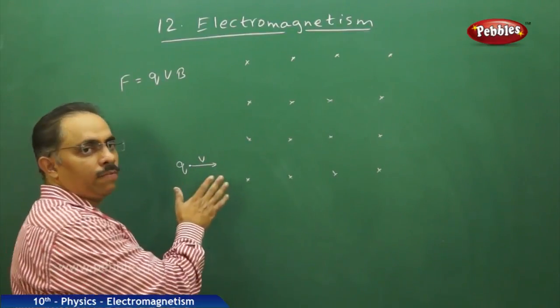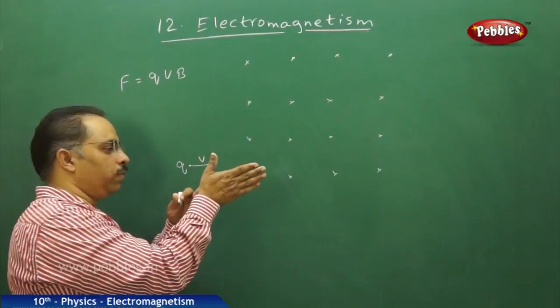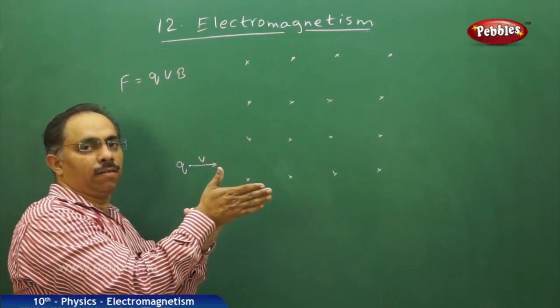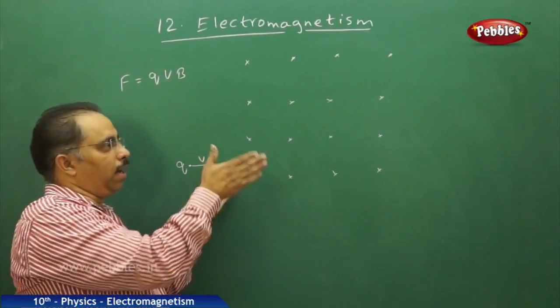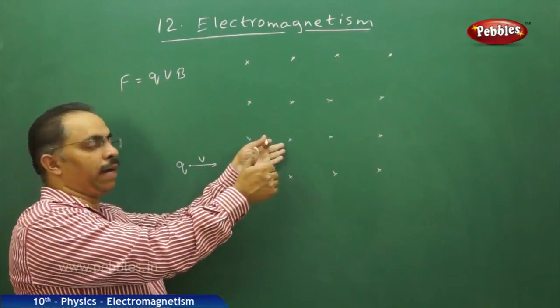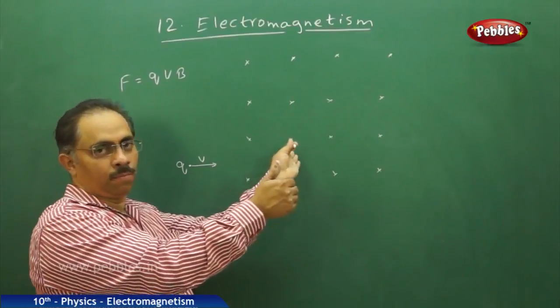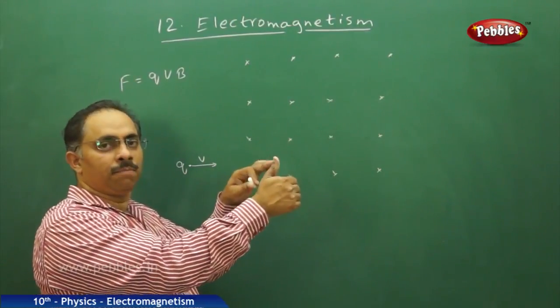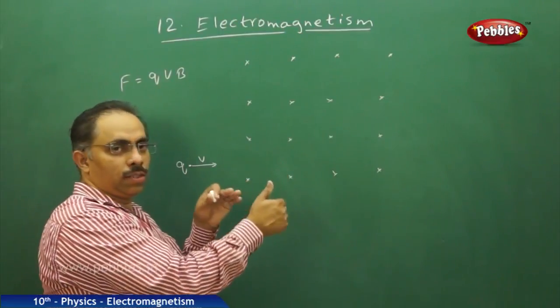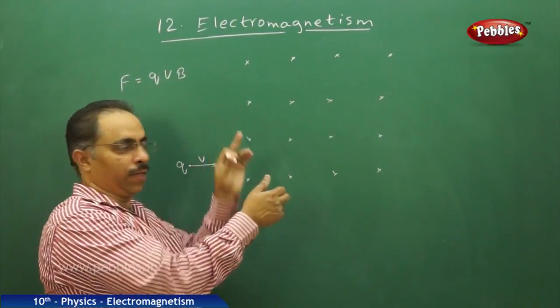So according to the right hand rule, we are facing all the fingers of the right hand in the direction of the velocity, and now curling them in the direction of the magnetic field. As they are into the board, we'll curl them this way. When we curl them this way, the thumb is pointing in this direction, so the force on the charged particle is acting this way.